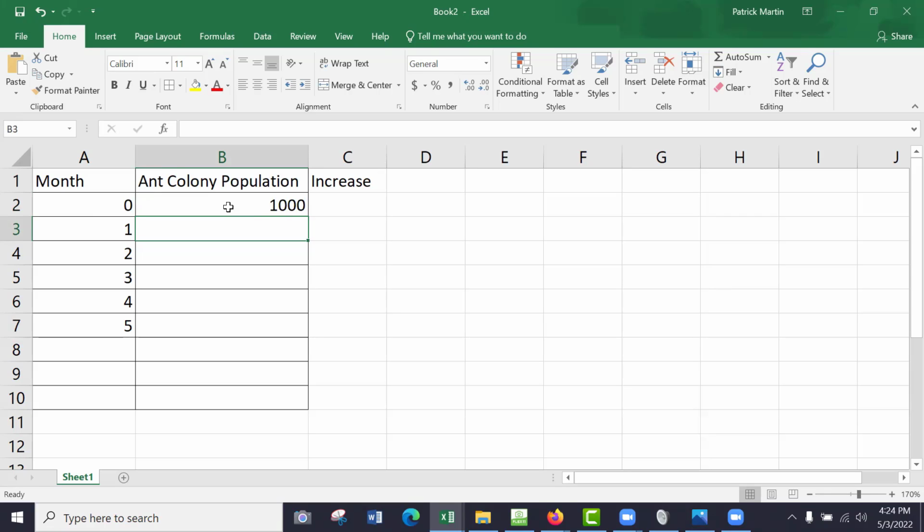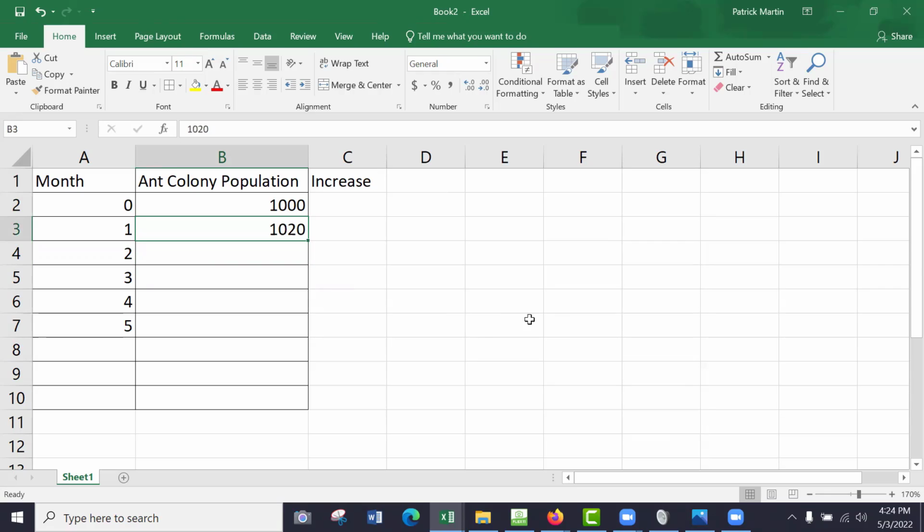So after 1 month, there's an increase of 2%, okay? And again, what's 2% of 1,000? 20. Right, it's increasing by 20. So there should be 1,020 after the first month. Are we all clear on that? Yes.